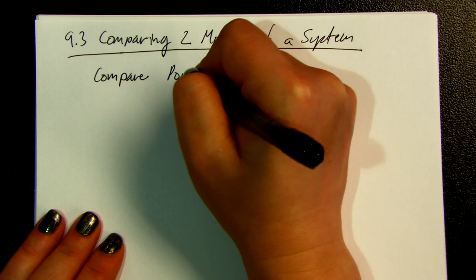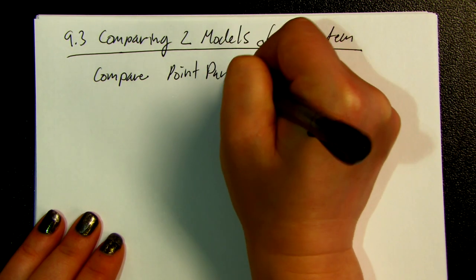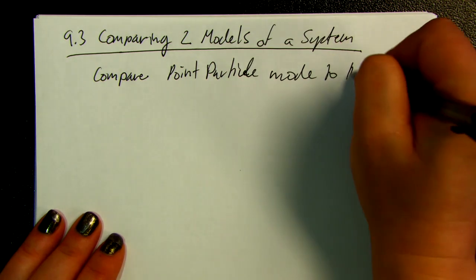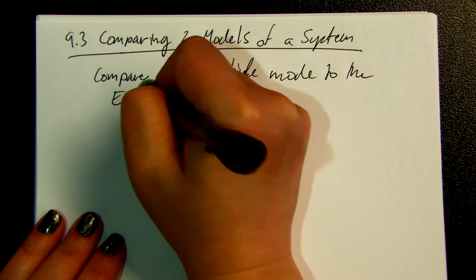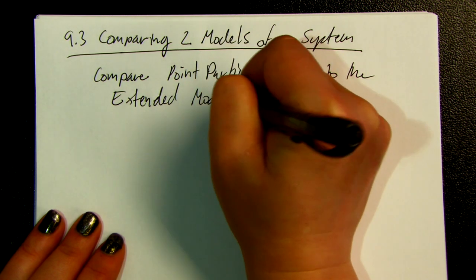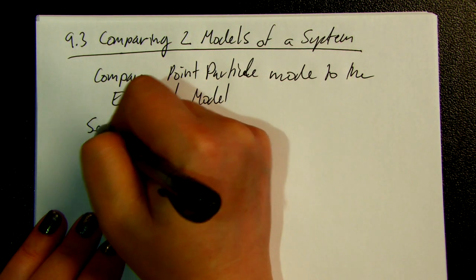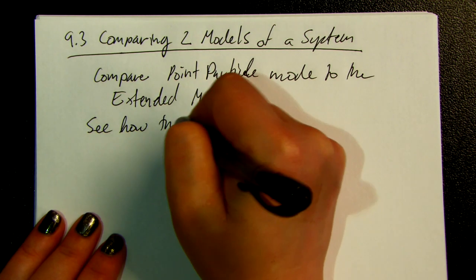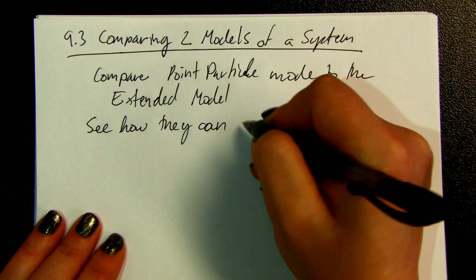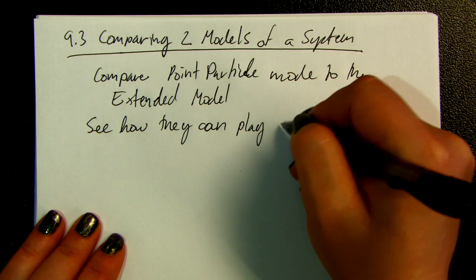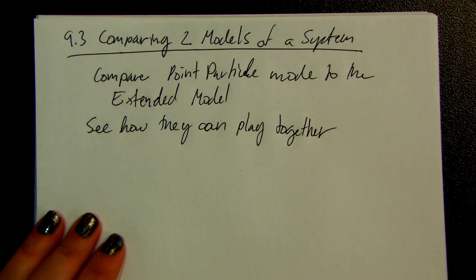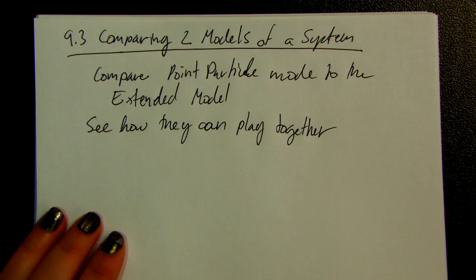So, compare the point particle model to the extended model, and we're going to see how they can play together, because both of them have their uses and applications. It's not that either of them is wrong, it's that they give you different types of information.